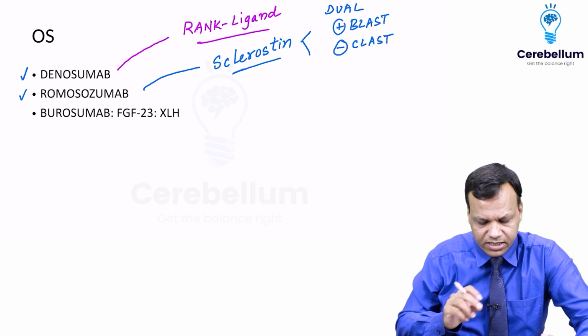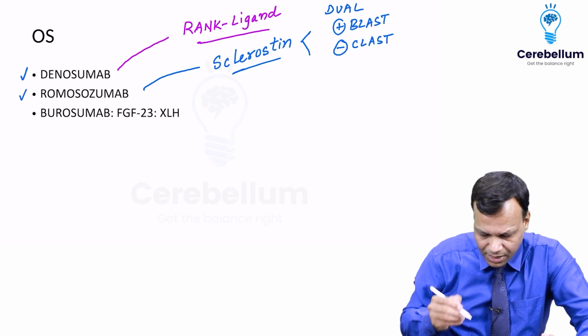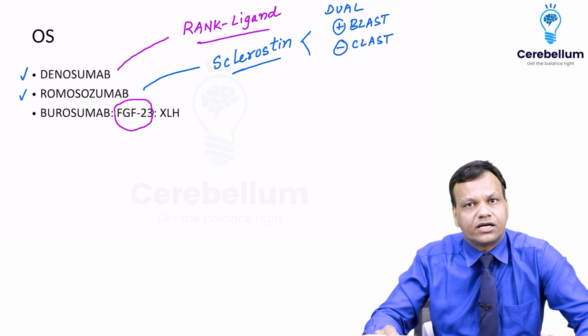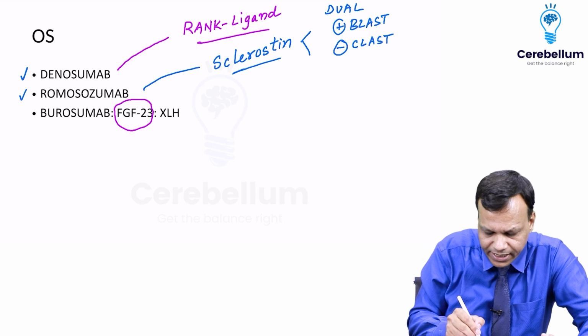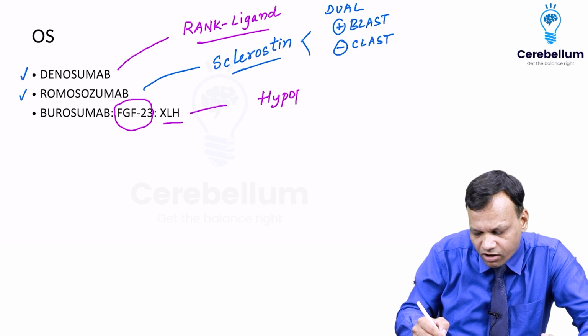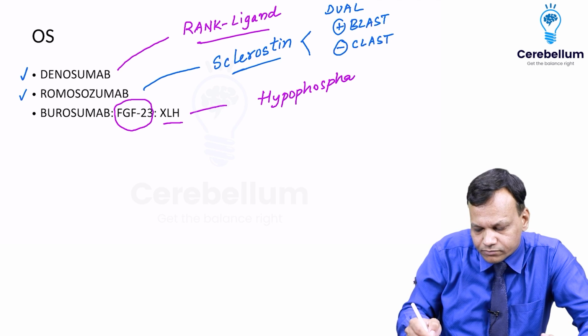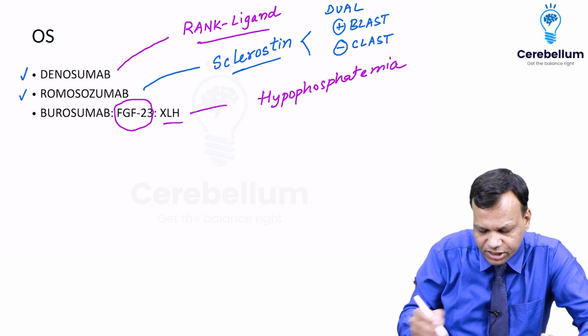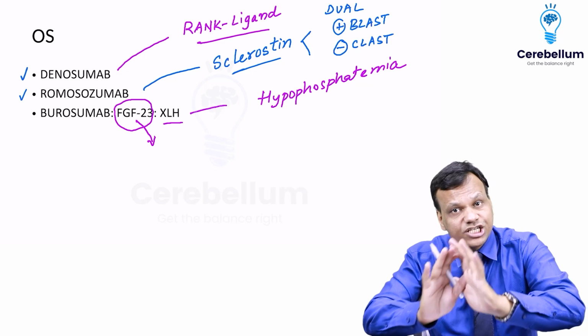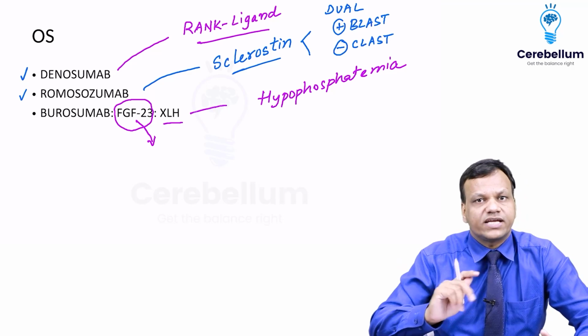Then third one is Burosumab. Burosumab is monoclonal antibody against fibroblast growth factor 23. It is indicated in X-linked hypophosphatemia. So basically, what is the function of FGF23, it helps in excretion of phosphate through the kidney.